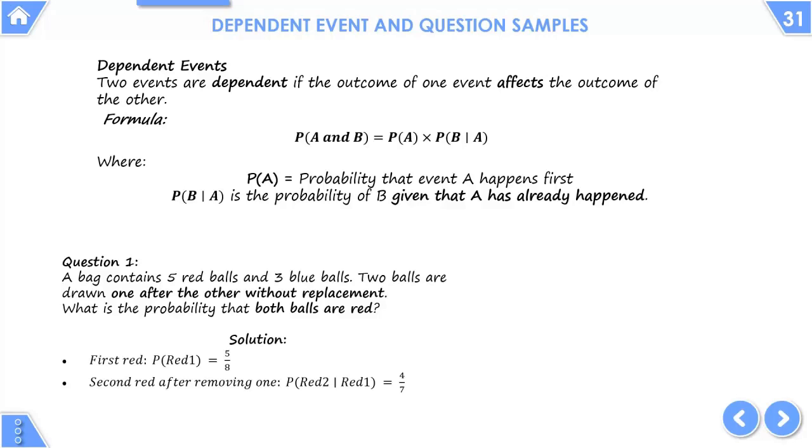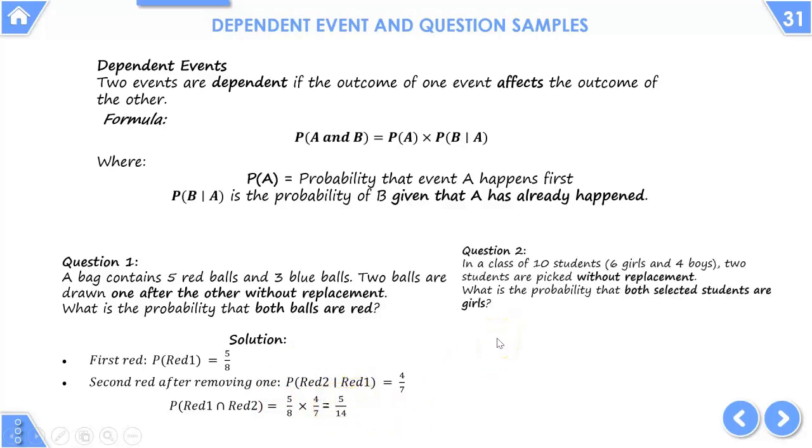For the second one, after one red is removed, it will be 4 out of 7, because the total is reduced to 7 and the red balls remaining are 4, not 5 anymore. So 5 out of 8 times 4 out of 7 gives 20 over 56, which simplifies to 5 out of 14.